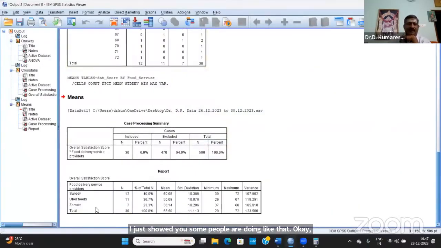Look at here. Swiggy, there are 12 customers. Uber Foods, there are 11 customers. Zomato, there are 7 customers. I told you, N need not be equal for the 3 categories. So 12, 11, and 7.